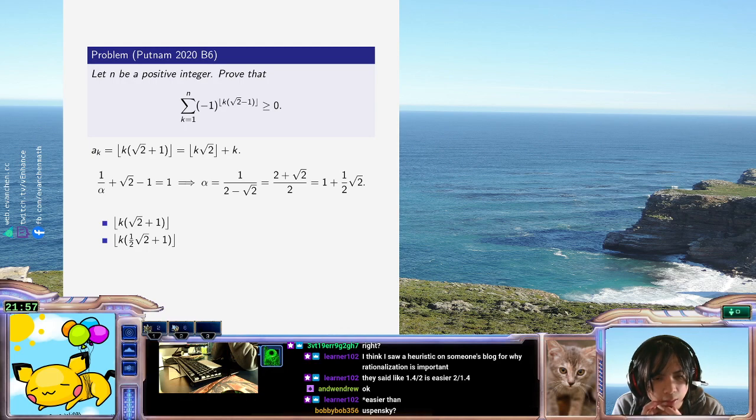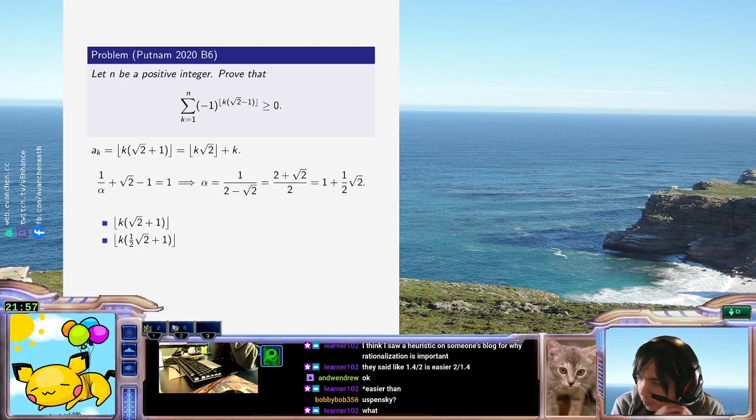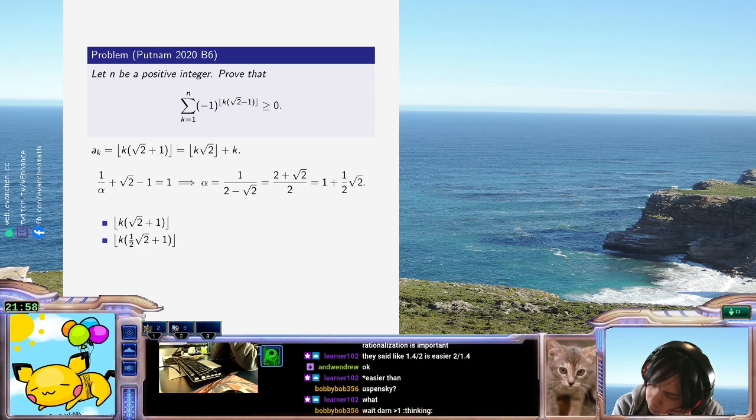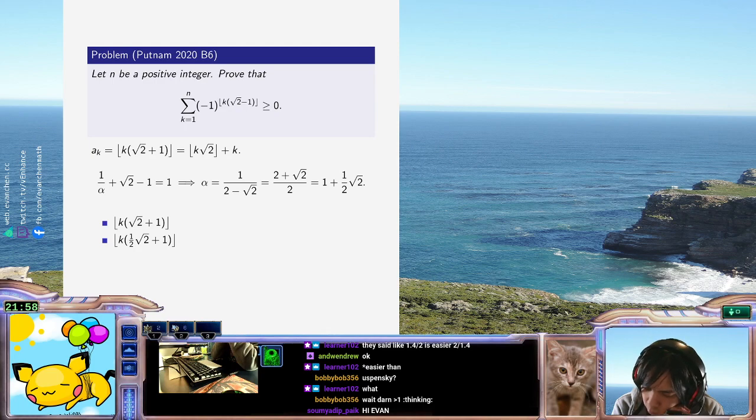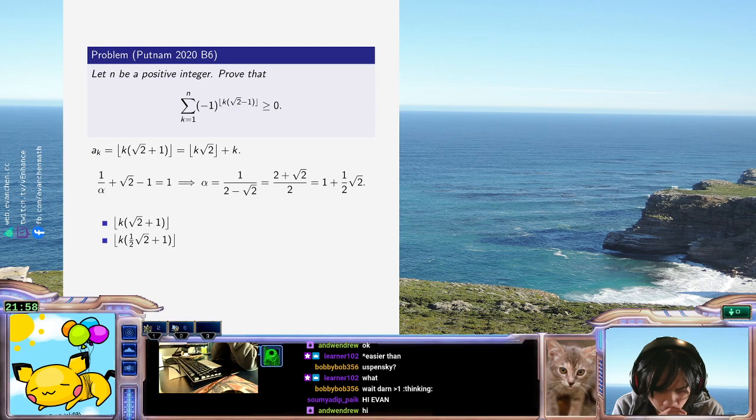It's like... That being said, I wonder if it would be easier on me if I picked a bigger number or something. I don't think so.